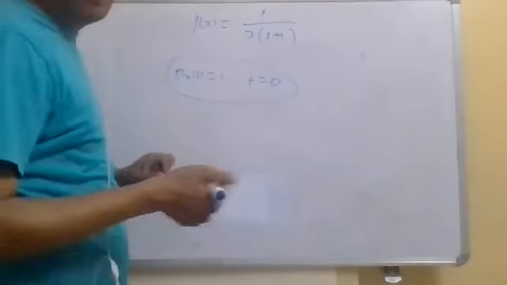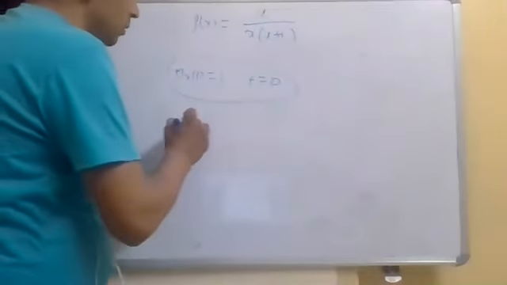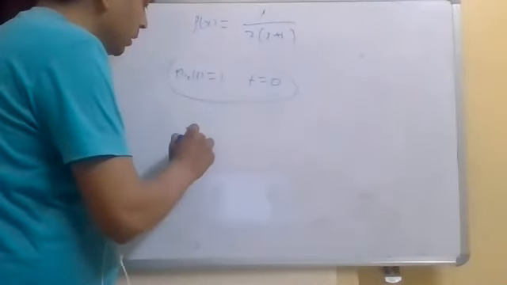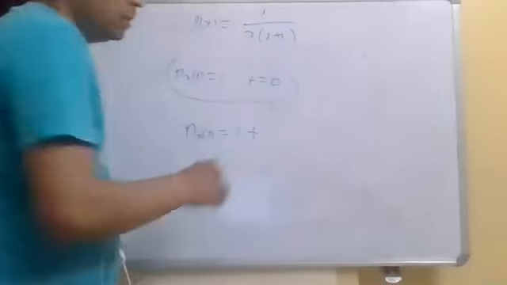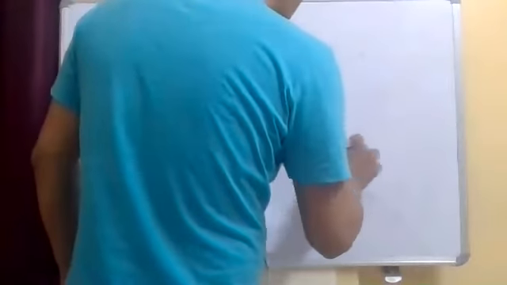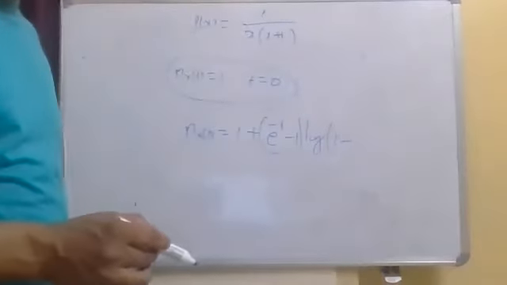And the final value will become like that when you find the moment generating function. M_X(t) is nothing but 1 plus, minus t x minus 1, like that, and log of 1 minus e to the power t.